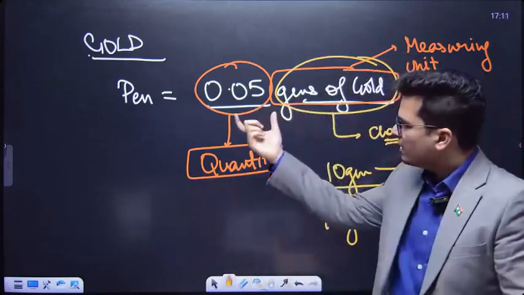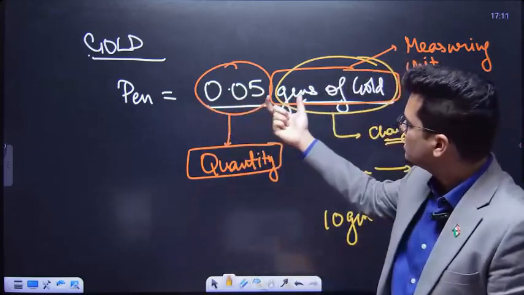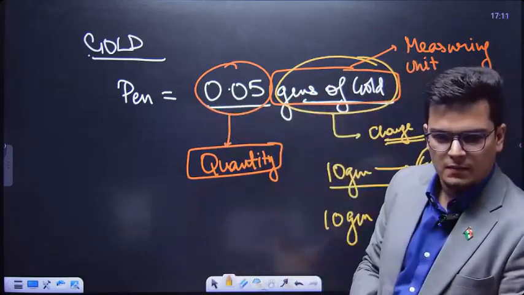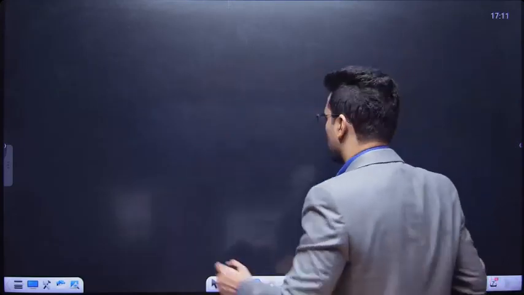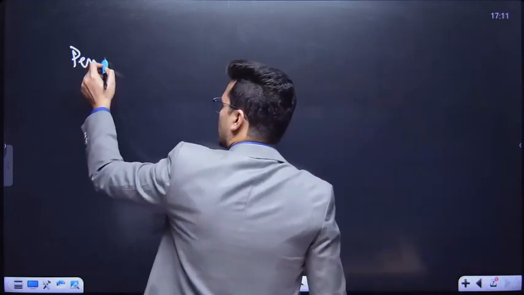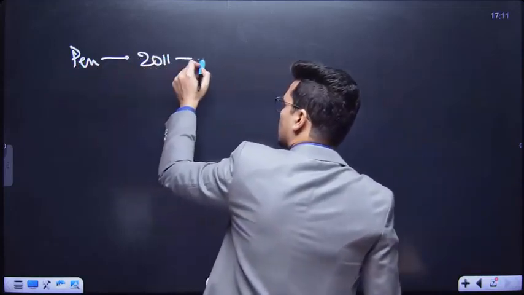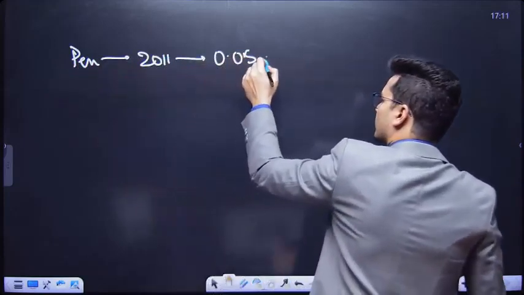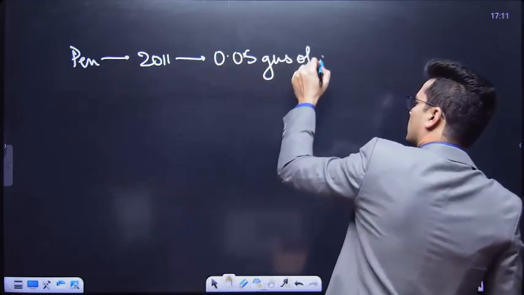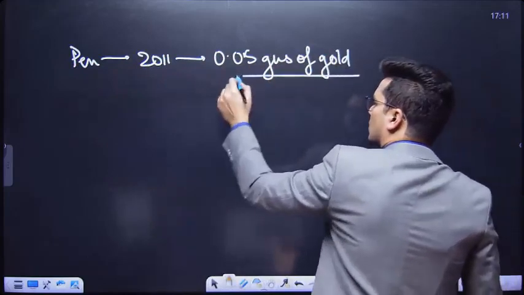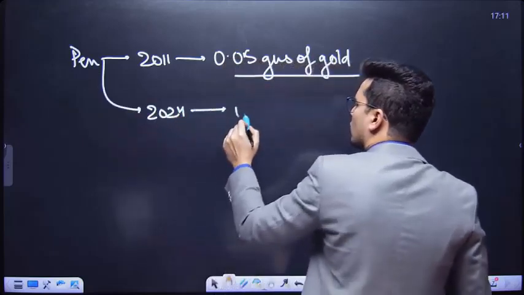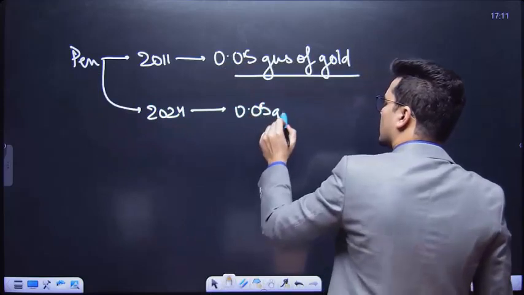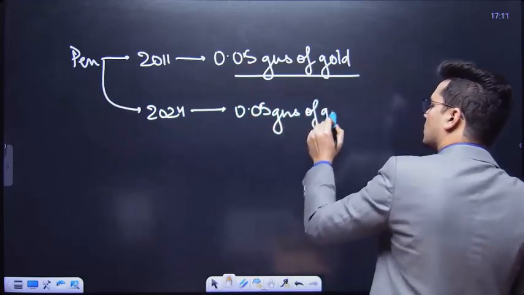So if I say that the value of the pen is 0.05 grams of gold, I am saying that this pen in 2011 cost 0.05 grams of gold, and this pen in 2024 also costs 0.05 grams of gold.